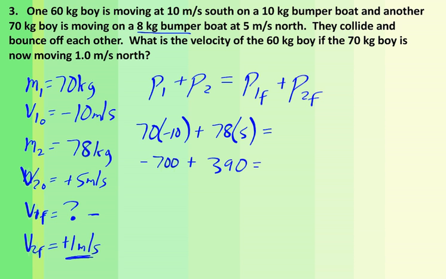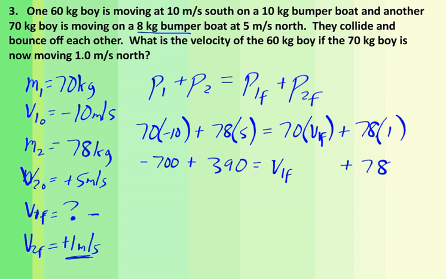Afterwards, we're looking for our 70 kilogram kid's velocity if the 78 kilogram boy and boat are moving north at 1. So 70 V1 final.